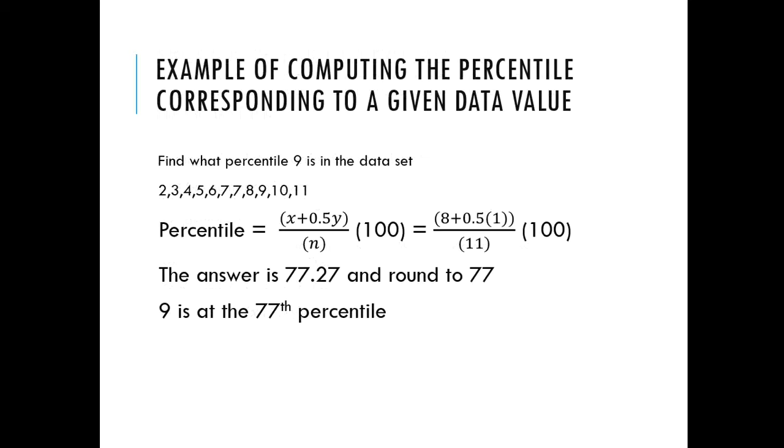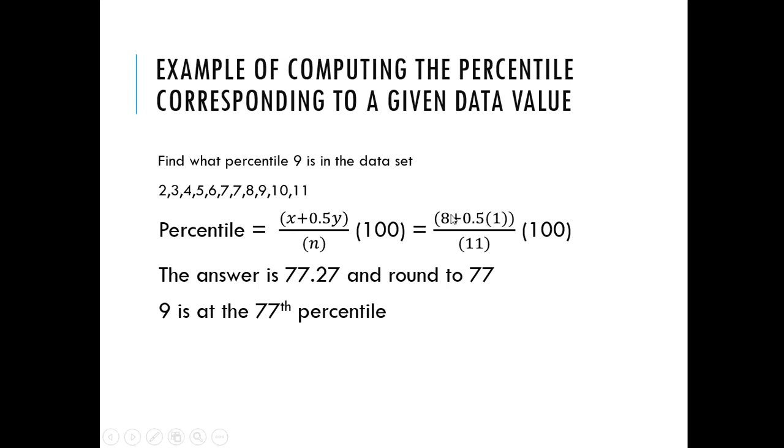Let's do an example. I want to find what percentile 9 is in the data set. Here's my data set again. X is the number of values below 9. So it's 1, 2, 3, 4, 5, 6, 7, 8. That's where my 8 comes from. Plus 0.5, because that's a constant, times Y. How many times do you see 9 in this data set?